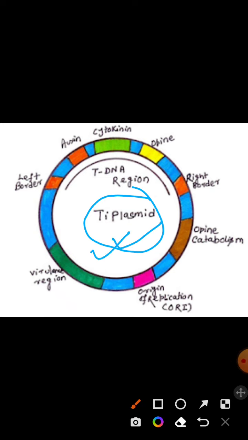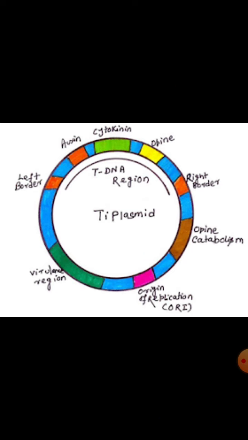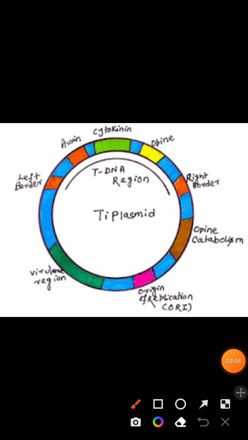That distinct portion of DNA is known as tDNA, and that is why this kind of transfer is also known as tDNA transfer. Two DNA regions are involved, and their involvement is very important for the successful transfer of tDNA inside the plant cell.